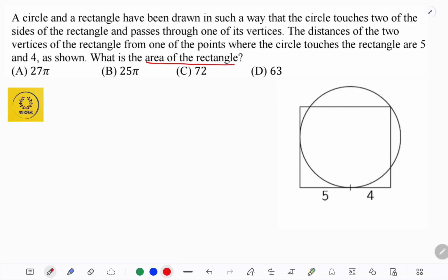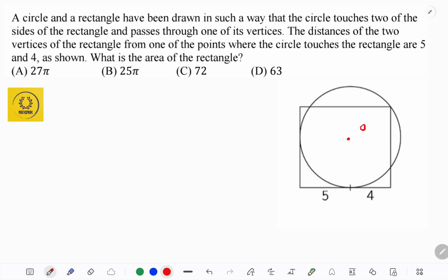For finding the area, we need to find both width and height and find the product of them. So our mission is finding this side, which is the height of the rectangle. Okay, first of all, I'm going to consider this point, the center of this circle.